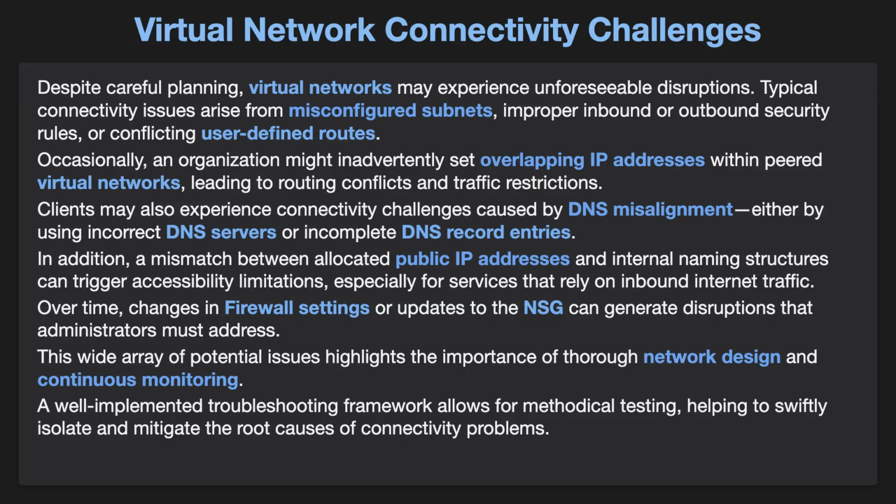Clients may also experience connectivity challenges caused by DNS misalignment, either by using incorrect DNS servers or incomplete DNS record entries. In addition, a mismatch between allocated public IP addresses and internal naming structures can trigger accessibility limitations, especially for services that rely on inbound internet traffic.